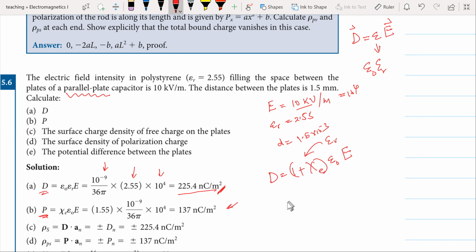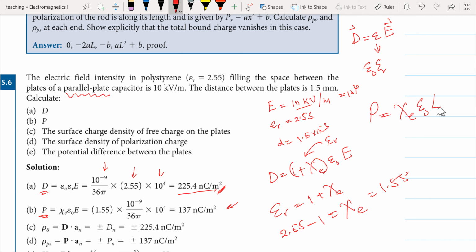So epsilon r is given by 1 plus chi E. Since we know this to be 2.55, if you subtract 1, you end up with chi E, which becomes 1.55. For that reason, we can simply say that the polarization vector is given by chi E, epsilon naught, and E, and that is what we have defined here.